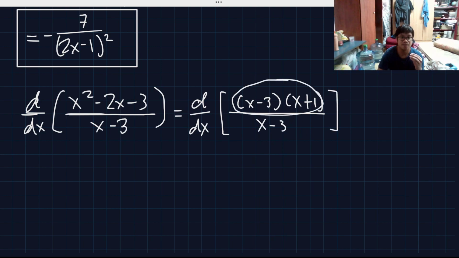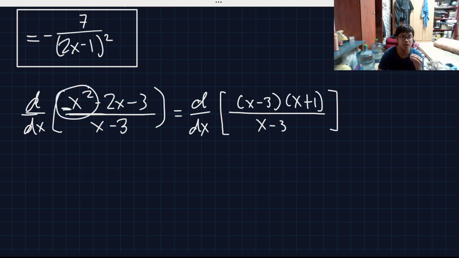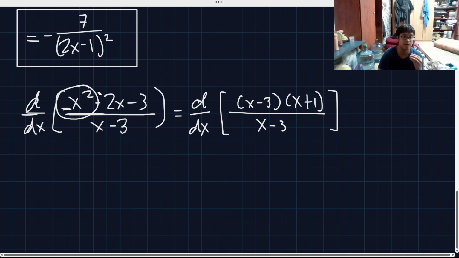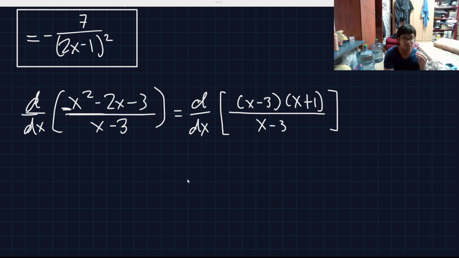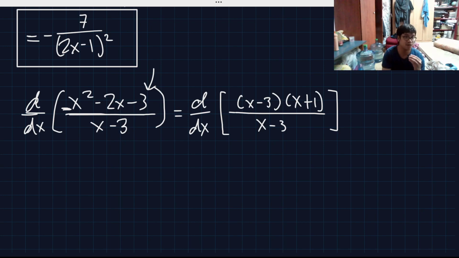Now, if you're asking me, how did I factor this out? Well, first and foremost, make sure that the coefficient of x squared here is always 1, so that I can know the factors of this given trinomial. We have negative 3. I'm going to think of two factors that if you multiply them together, the answer is negative 3, and if you add these factors, the answer is negative 2.